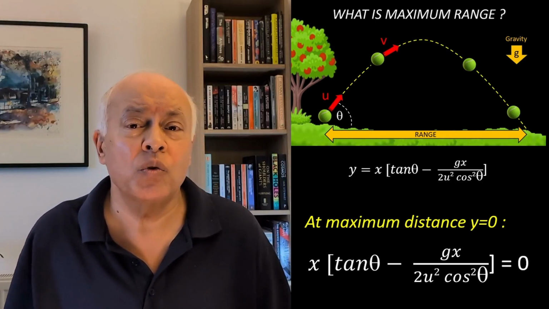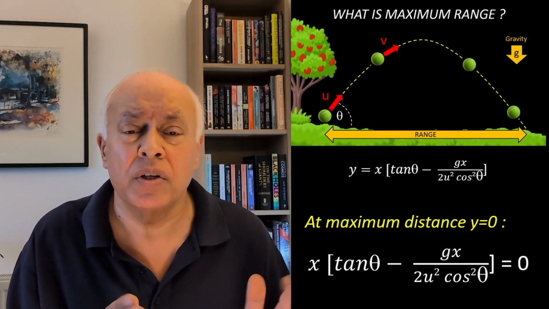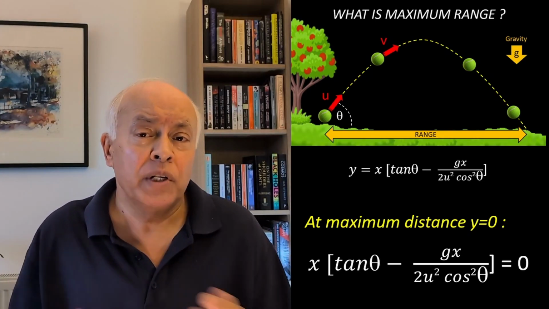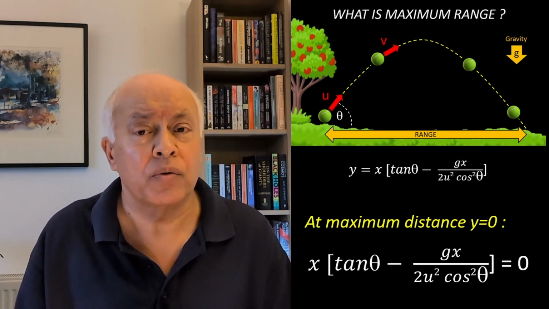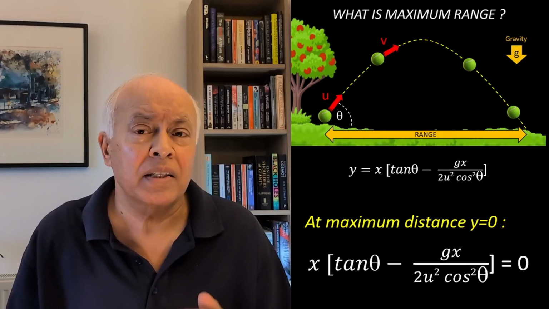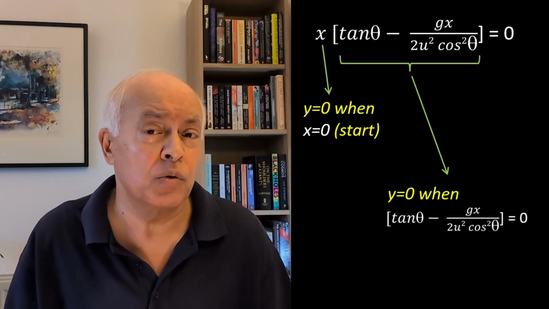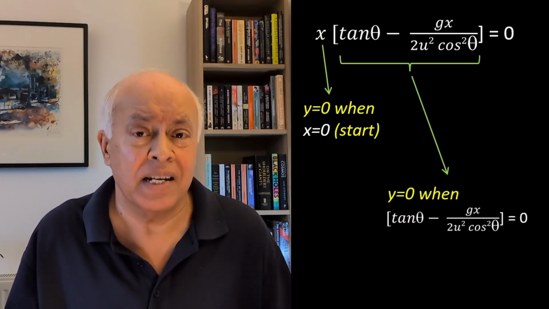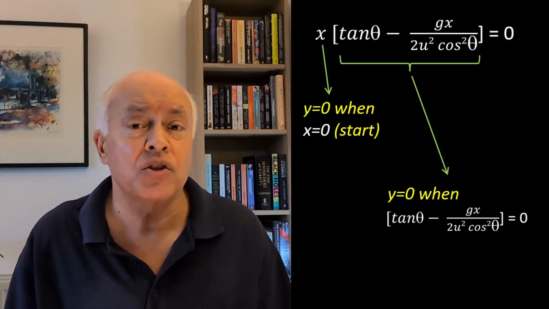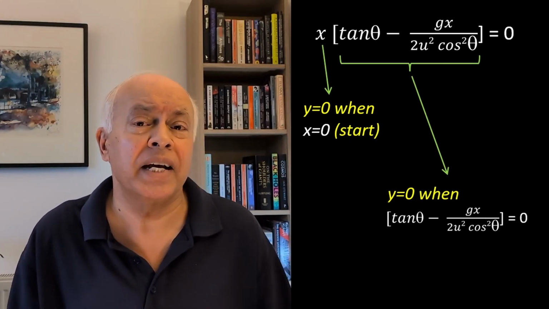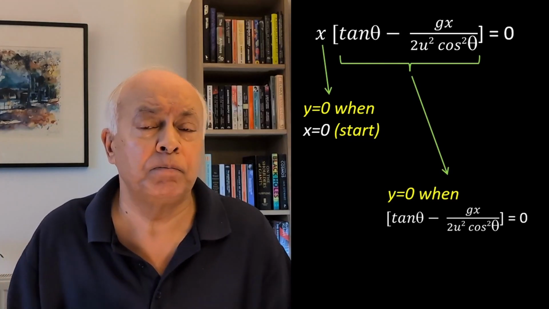So we can say that the right-hand side of the equation equals 0. So we need to work out what the value of x is when y equals 0. We know that at the start x equals 0 and y equals 0. We define this as our starting condition. So that must be one solution to the expression. And this takes care of the x outside of the brackets.